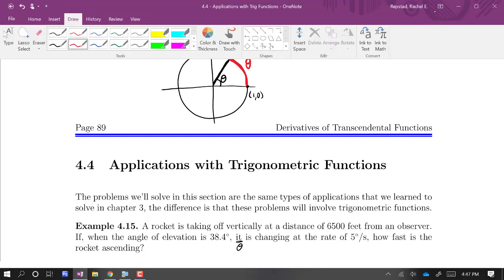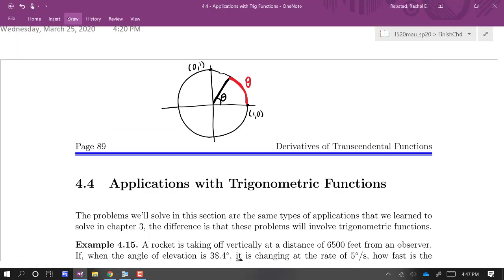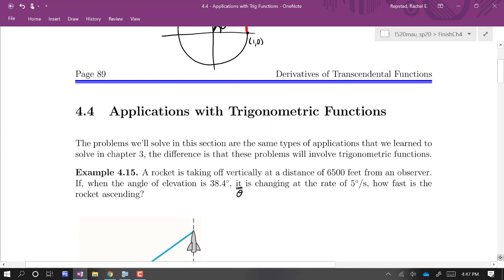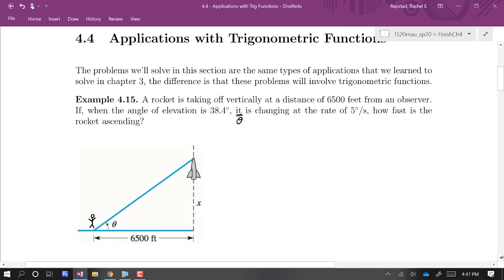So there is a connection between measuring length and measuring an angle in radians. And that's why, especially for these problems where we're comparing some distance, in this case x, how high the rocket is, with a measure of an angle, we really want to be in radian mode.